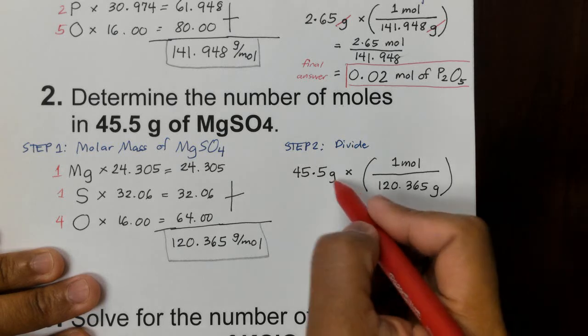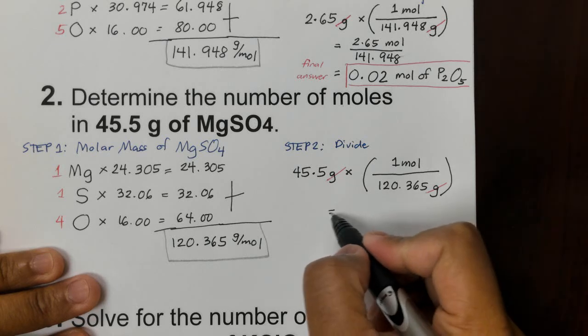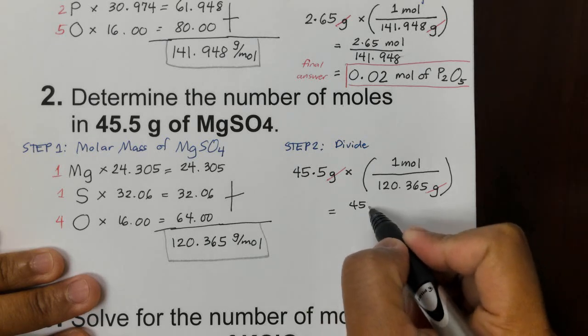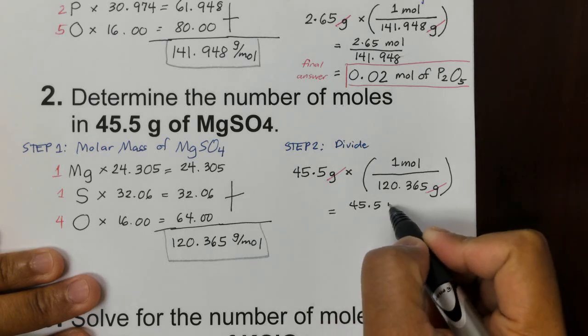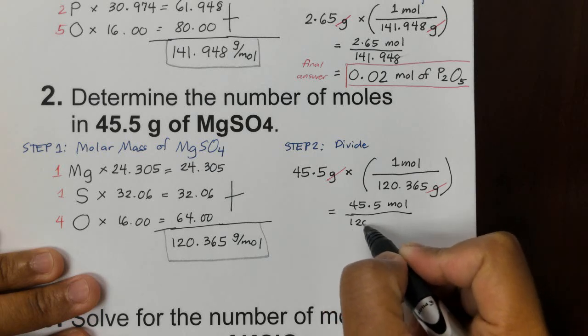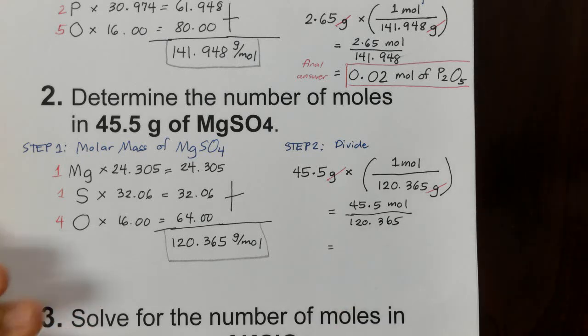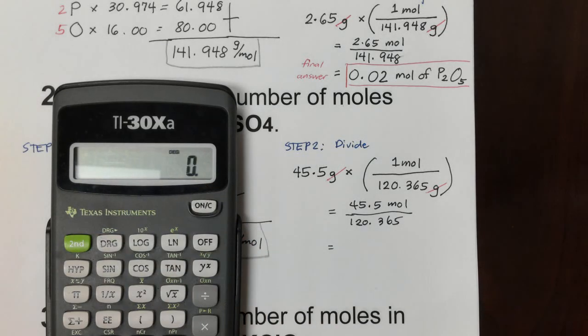Then we cancel the gram. After canceling the gram, we can compress that to 45.5 mole over 120.365. Now we're ready to input the division operation in our calculator.